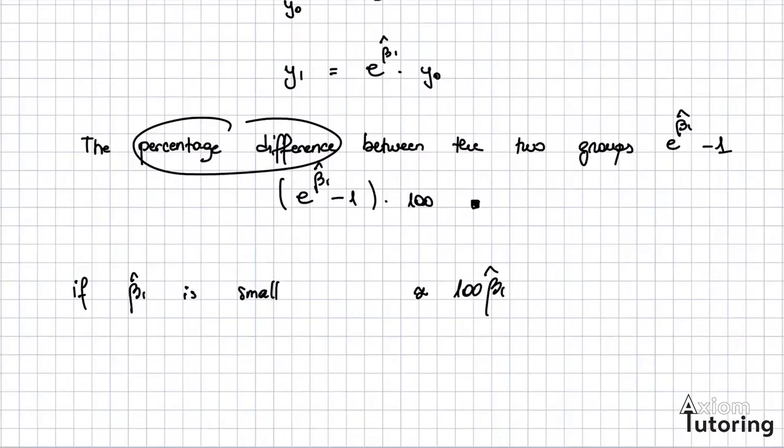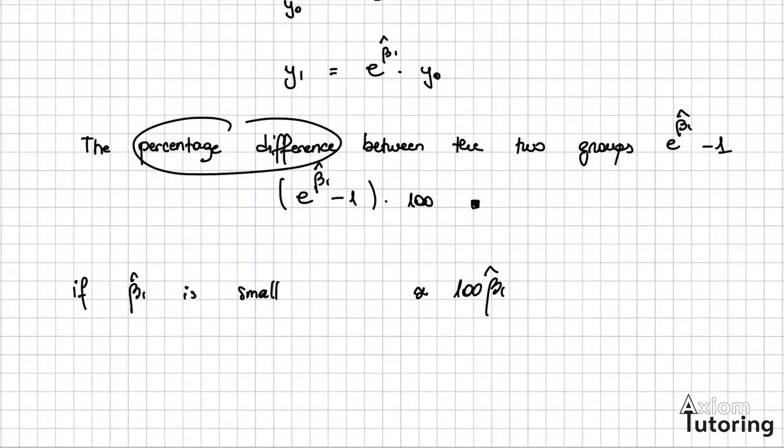Okay, so the interpretation that we learned from the log level model, even though we now have a dummy variable, literally means nothing has changed. We still do that 100 times, to get the percentage. It's just that instead of saying that when I increase my X by 1 unit, now you're saying simply when I go from one category to the other, or literally the difference between the two groups, is 100 times beta 1.